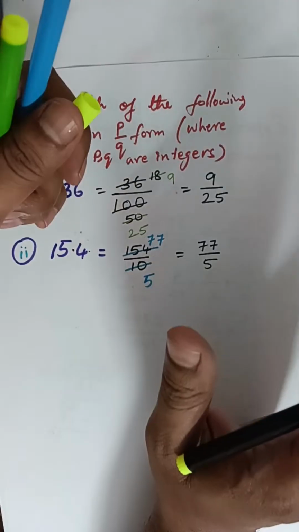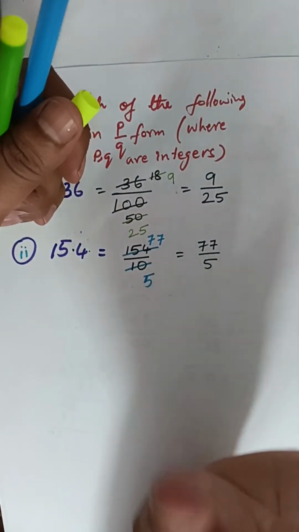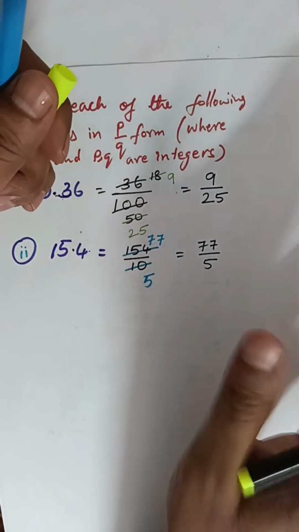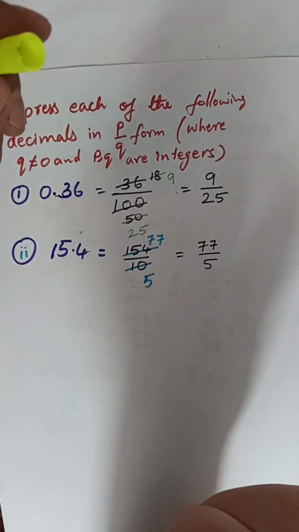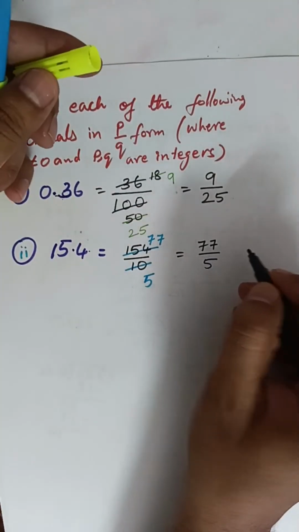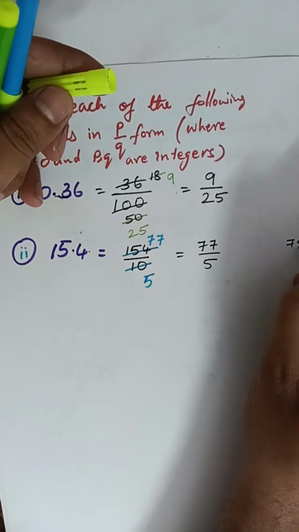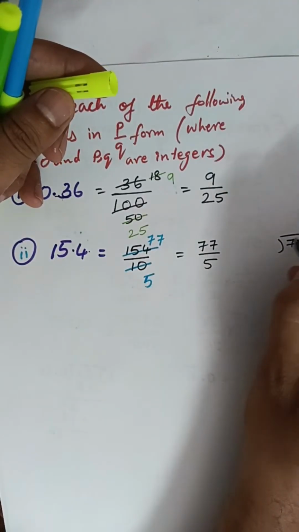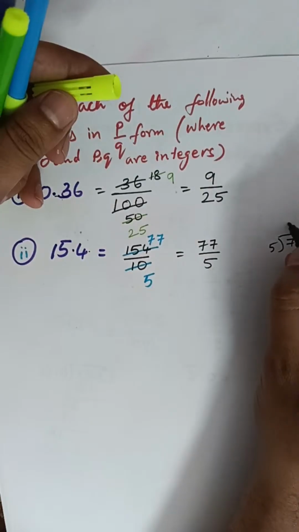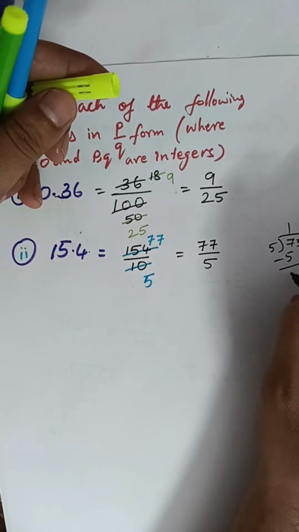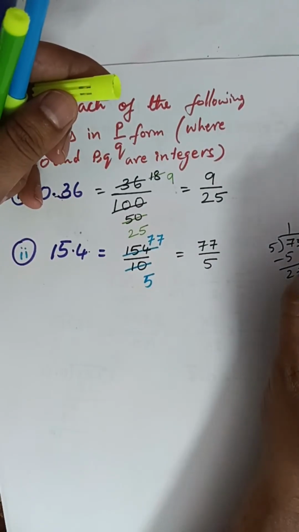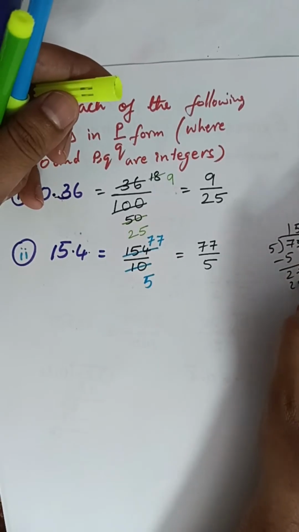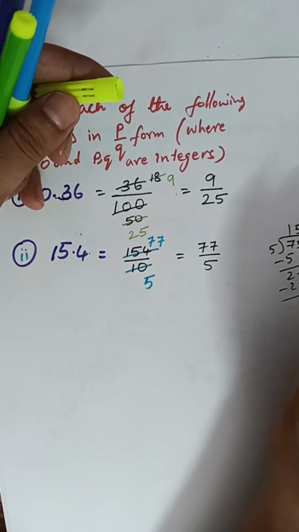The question says to find it in the P by Q form. If we are asked to write it as a mixed fraction, we can also write it. How? Divide 77 by 5. 5 times 1 is 5, minus 5, 2, 7. 5 times 5 is 25, subtracting gives 2. So how will you write it?